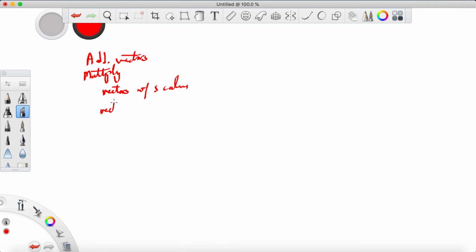And we're going to multiply vectors with other vectors. And we're also going to multiply vectors with matrices.